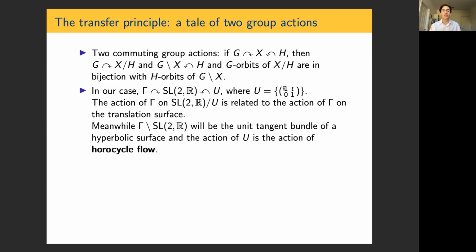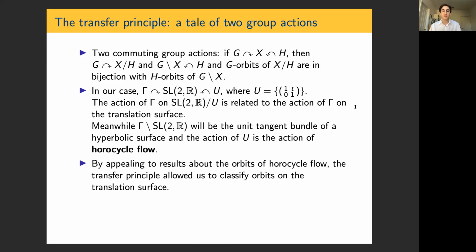Meanwhile, the quotient SL2R by gamma will be the unit tangent bundle of a hyperbolic surface, and the action of U on this manifold is the action of horocycle flow, which is a well-studied flow in hyperbolic dynamics. By appealing to results about the orbits of horocycle flow, the transfer principle then allowed us to classify the orbits on the translation surface by the group gamma.